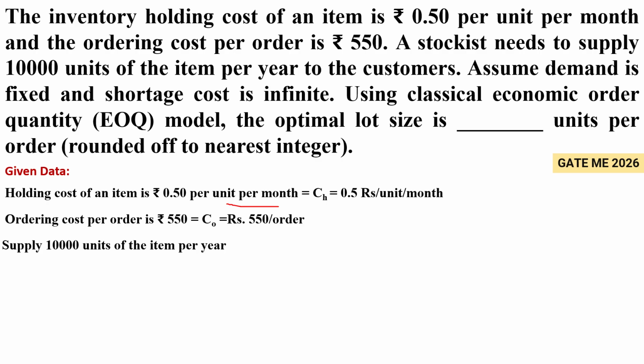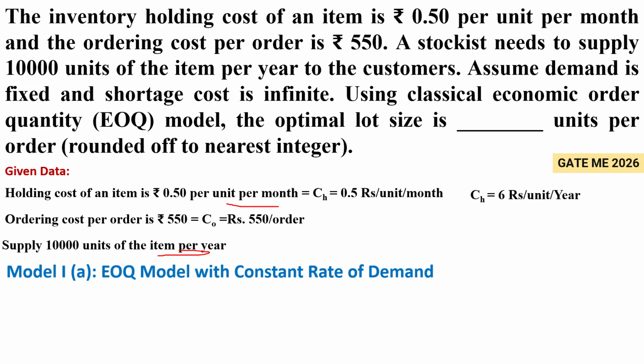And the supply is 10,000 units of the item per year, so it is given year-wise. Then the holding cost also has to be converted to year-wise, which is 0.5 into 12, that is 6 rupees per unit per year.